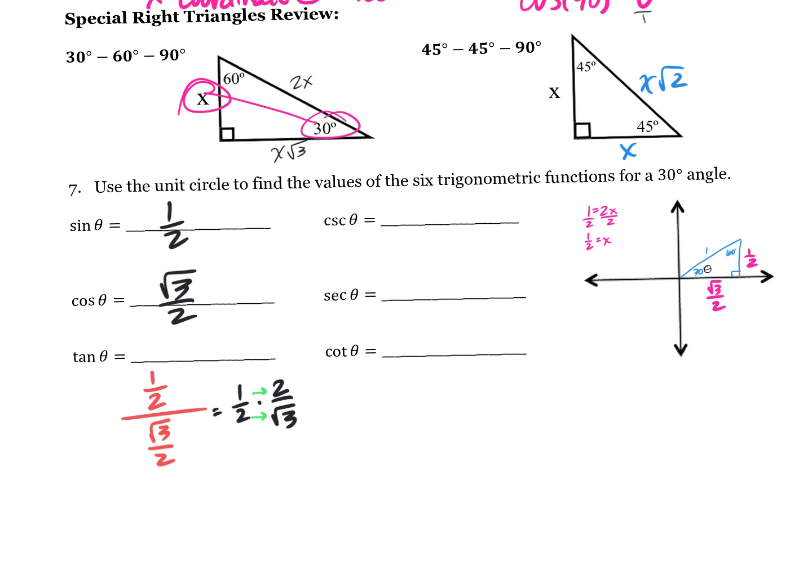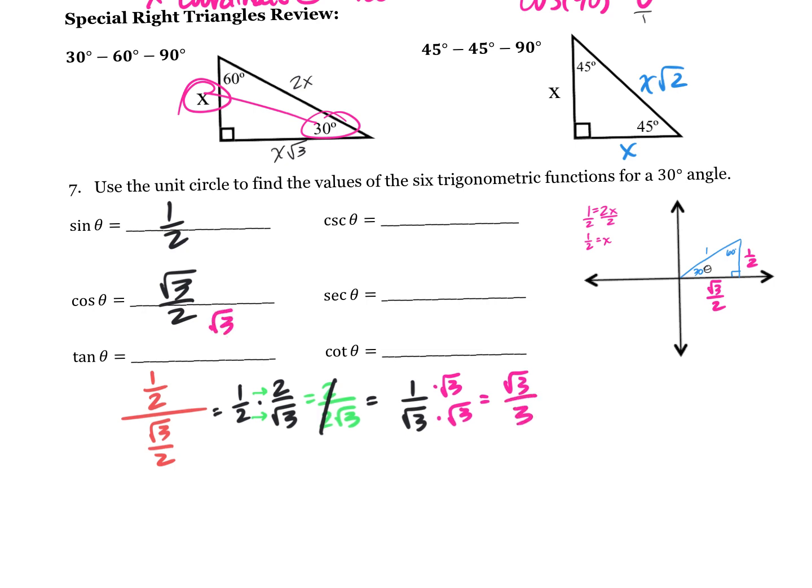What's going to happen with those 2's? I'd be left with 1 over root 3, right? Can I have that root in the bottom? Sure can't. So when I multiply by that root 3, what would I get? Root 3 over 3.